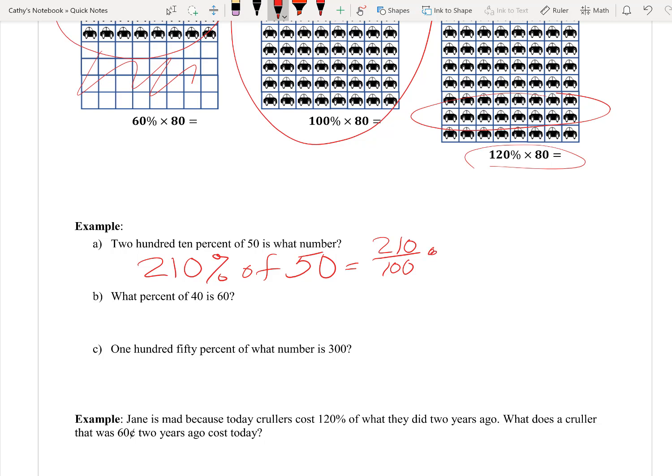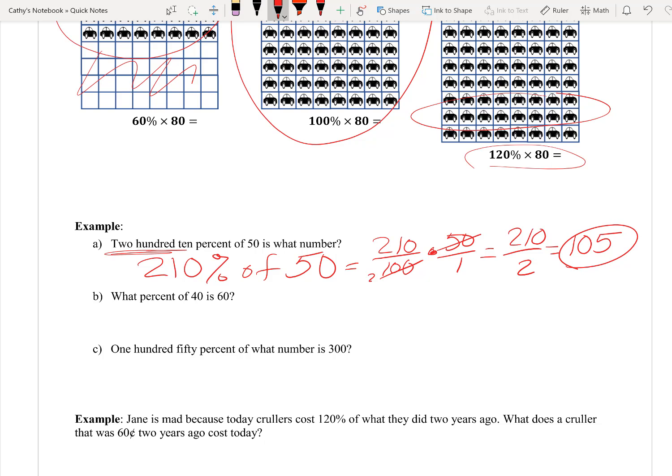And then multiply that by 50 over 1. If you do that and cancel this, you're going to have 210 over 2, which is 105. So that's the number that is 210% of 50, because it's not just part of 50, it's even more than 50.